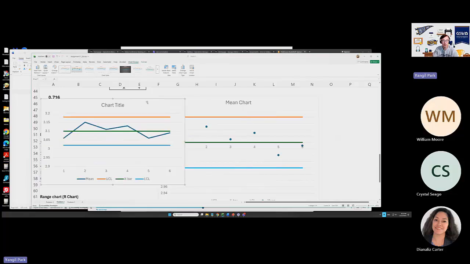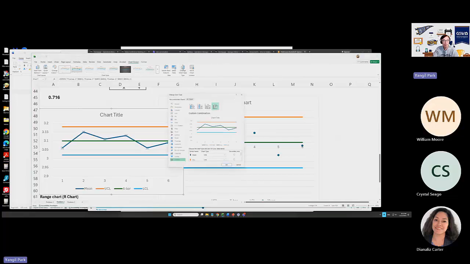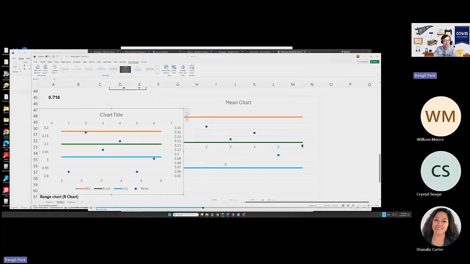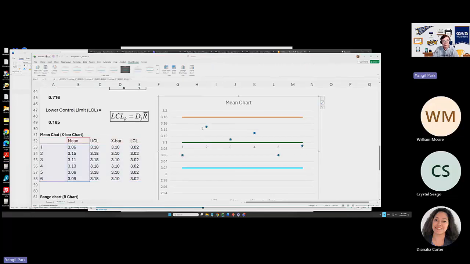To distinguish our sample points, I select the sample mean, then go to Chart, Change Chart Type, and change that to a scatter chart so that the lines become dots. You don't have to do it this way, but as long as it's identifiable, that's fine. I'm talking about those sample mean spots.